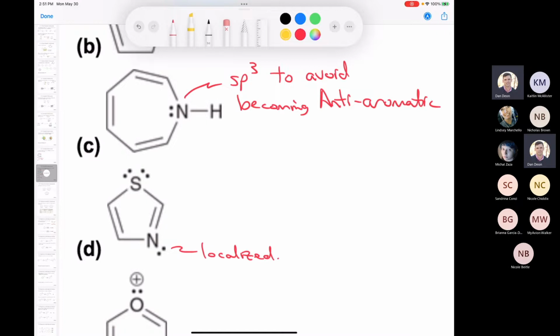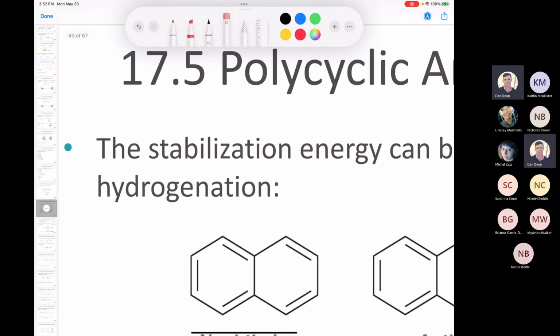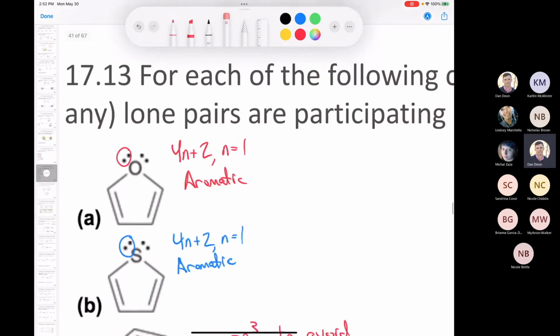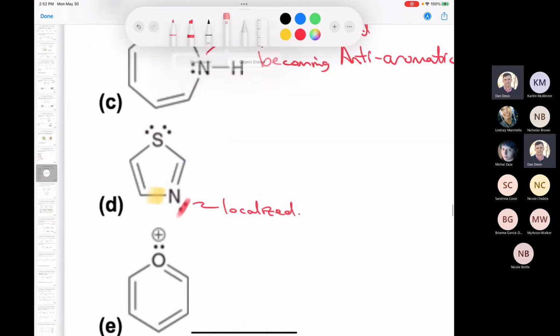But we know that the nitrogen is surrounded by 1, 2, 3 regions of electron density. Therefore, it is sp2 hybridized. And also, we see that it's got a pi bond on it already, so it does have an unhybridized p orbital. That's how it made this pi bond. So that means we've got p orbitals here, here, here, here.